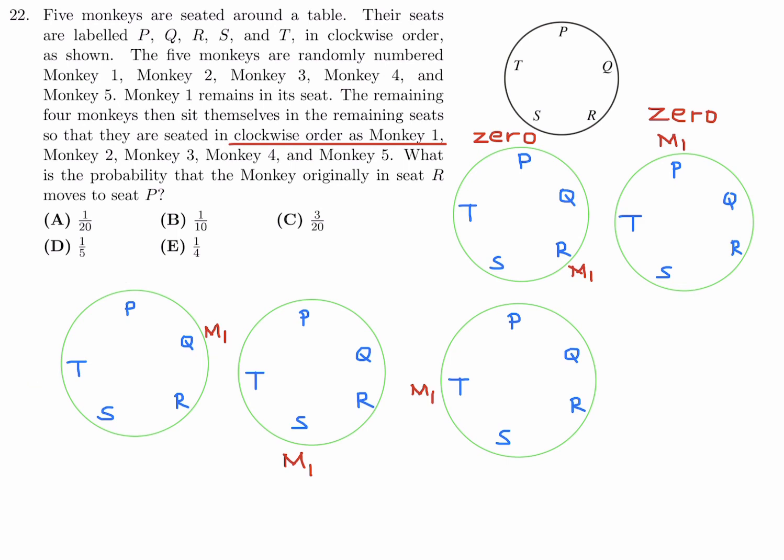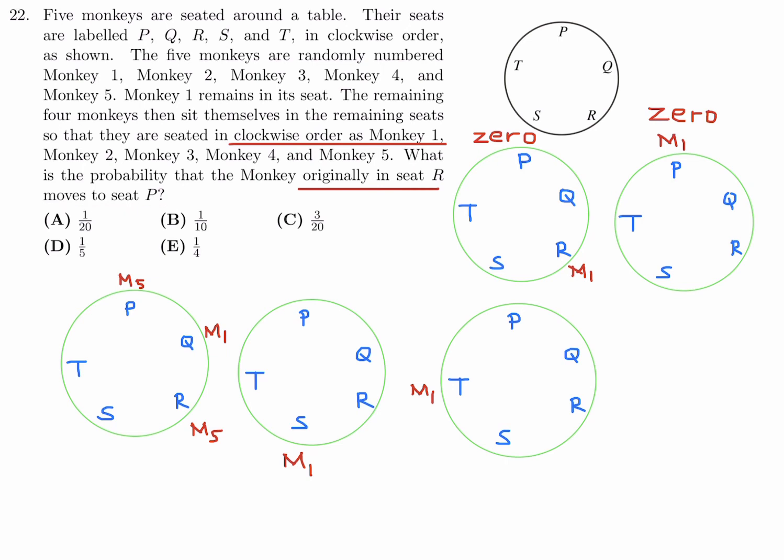Once the clockwise order happens, monkey 5 is going to end up in P. So that means he must originate at R in order for the condition to be satisfied. The monkey originally in seat R moves to seat P. He was sitting in seat R, but after the rearrangement happens, he moves to seat P. That is one scenario. So what is the probability of this?